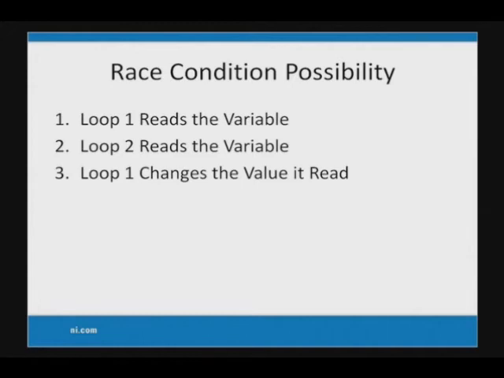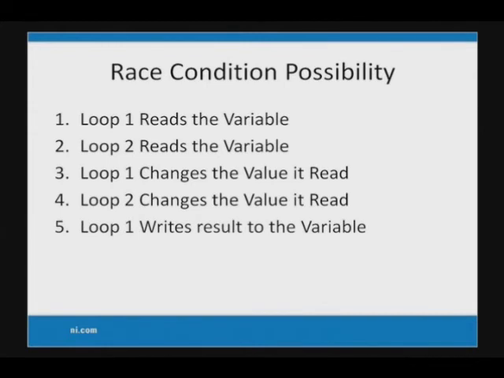Then loop 1 makes a change to the value it read. Then loop 2 makes a change to the value it read. Then loop 1 writes its result back to the variable, followed by loop 2 writing its result back to the variable. When this occurs, both loops write a new value to the variable.